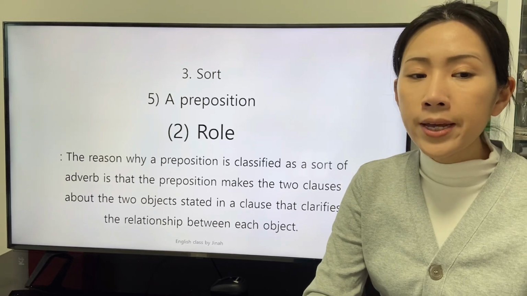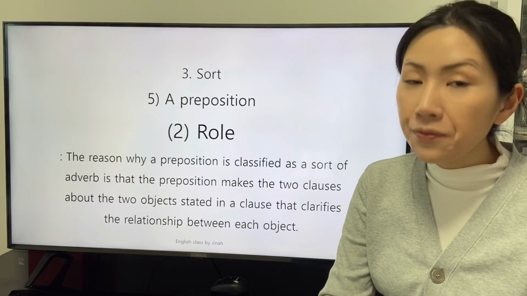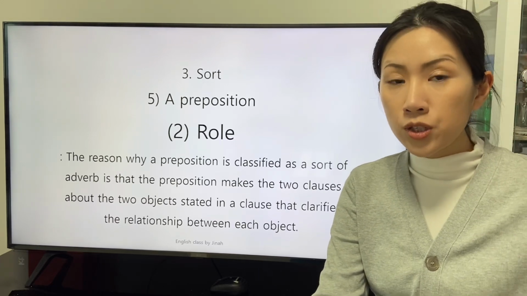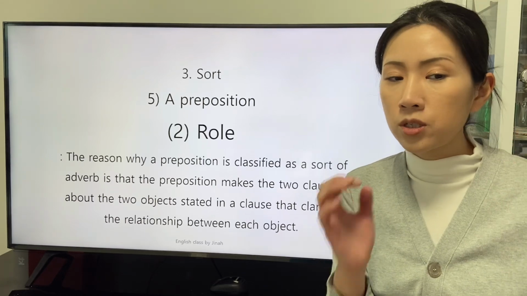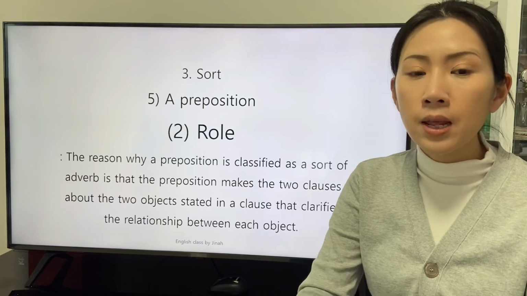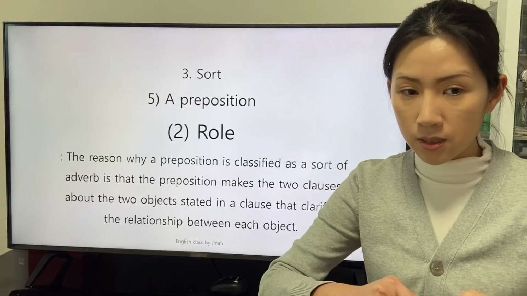The reason why a preposition is classified as a sort of adverb is that the preposition makes the two clauses about the two objects into a clause that clarifies the relationship between each object.